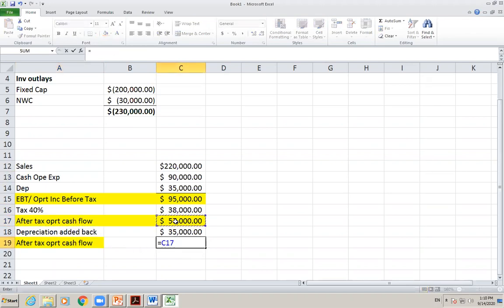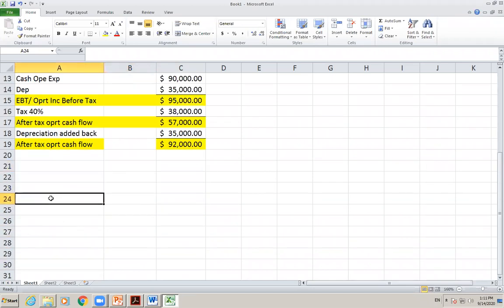So from here we're going to add the depreciation back. So we got the operating cash flow. However, our job is to get the total after-tax cash flows.